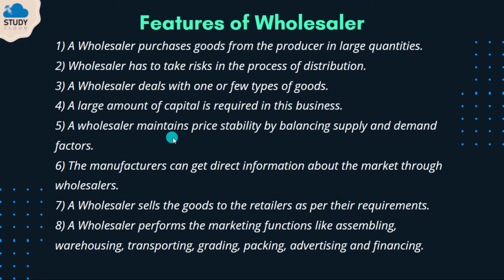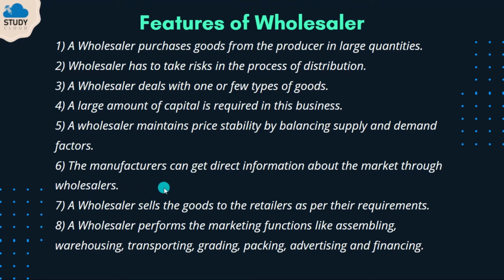Fifth, a wholesaler maintains price stability by balancing supply and demand factors. For example, if some goods are not available in the market and the prices can go up, then the wholesaler can provide those goods in the market and create price stability.